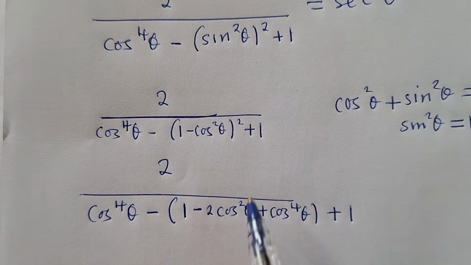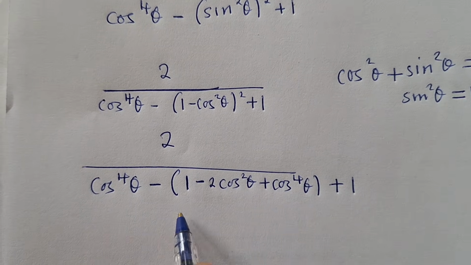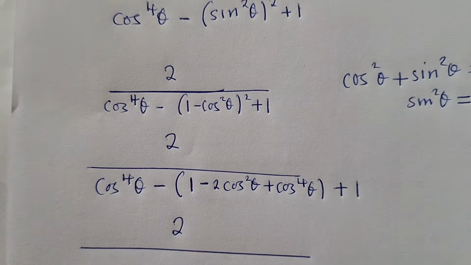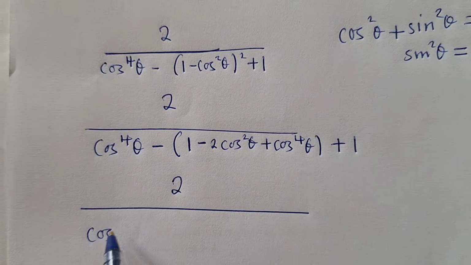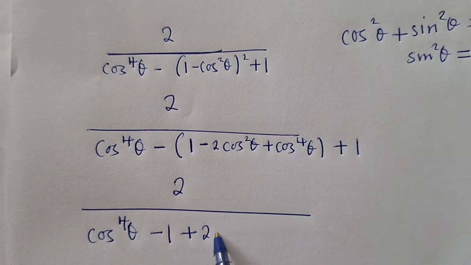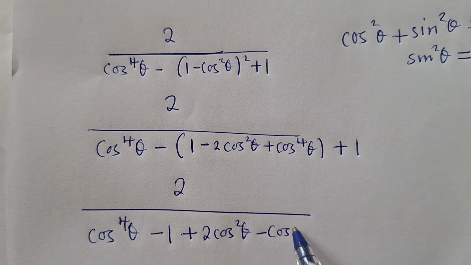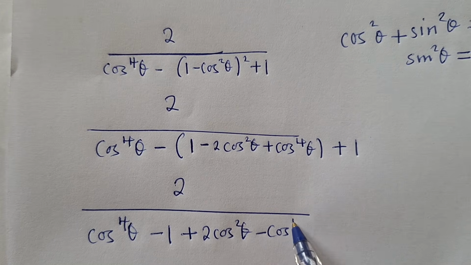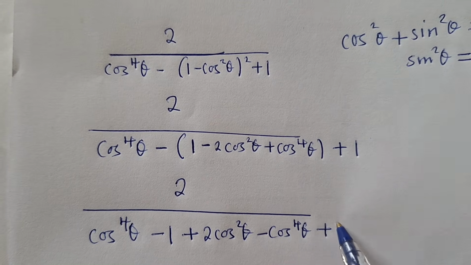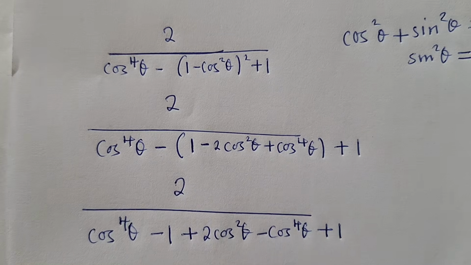So when you multiply by itself, this is what we're going to get. From this point we shall say 2 over cos power 4 theta minus 1 plus 2 cos squared theta minus cos power 4 theta plus 1. So you distribute this negative sign, and this is what we are getting.